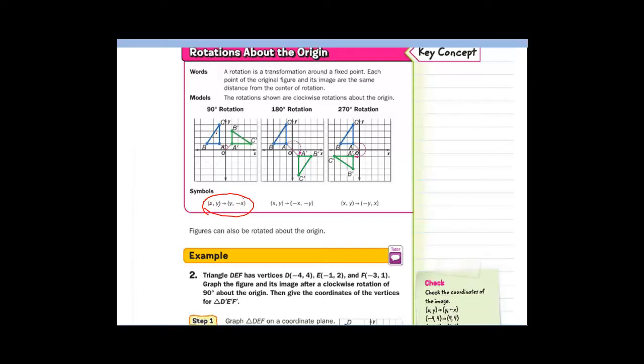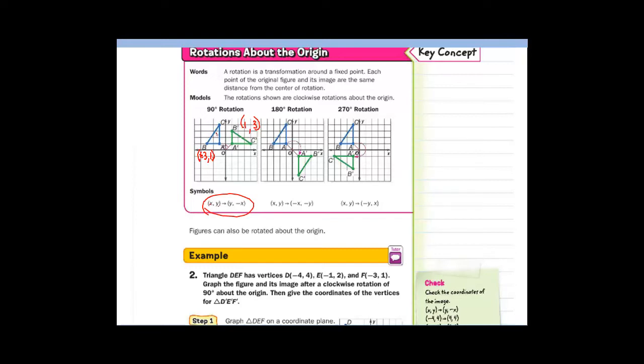Let's look at that. B, right here, there's 1, 2, 3. So B is -3, 1. But in the new rotation, B prime, what is it? 1, 3. Notice that these switched places and the x changed signs. It was a negative and now it's positive.